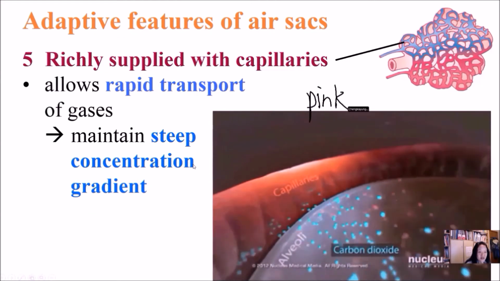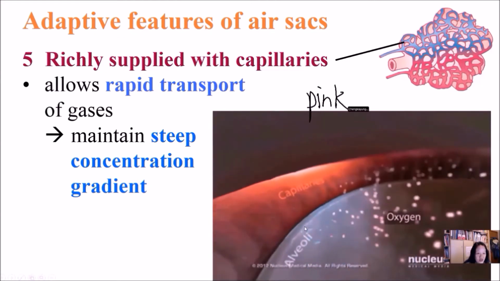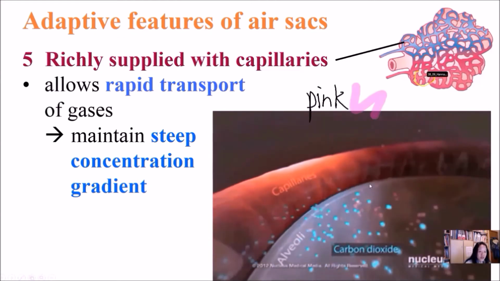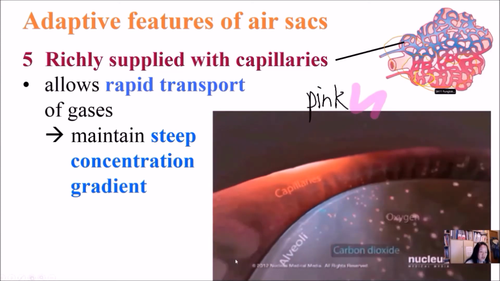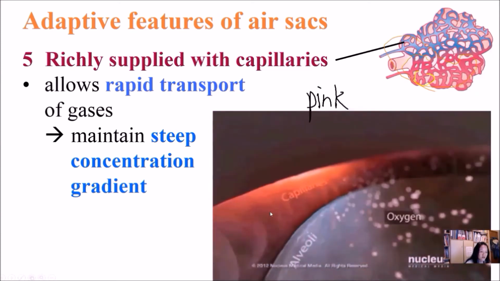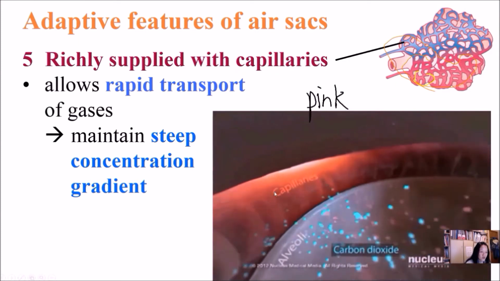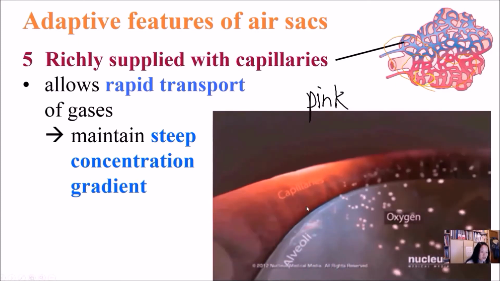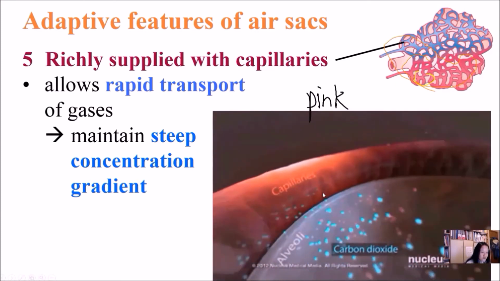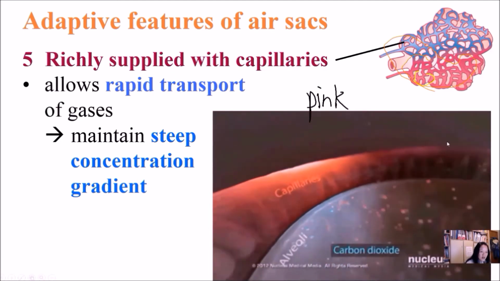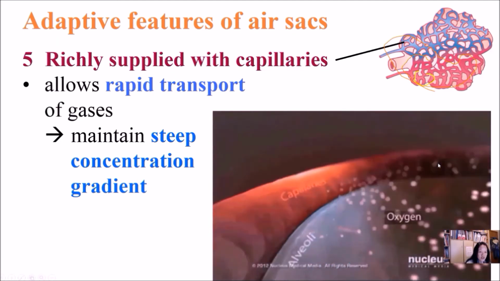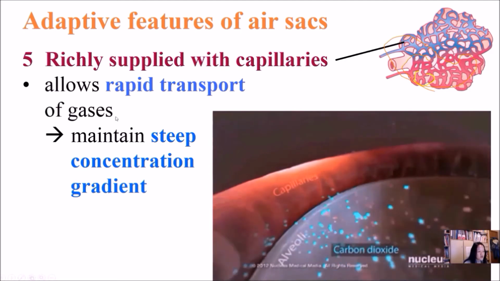Pink. Yes, pink color is oxygen. It will be carried away. And carbon dioxide is blue in color. It is carried from the body cells. So here we have high concentration of carbon dioxide in the blood and low concentration of oxygen here to maintain a steep concentration gradient.